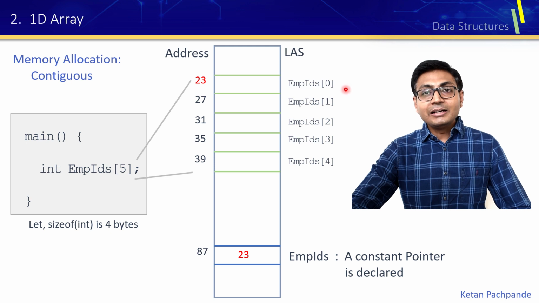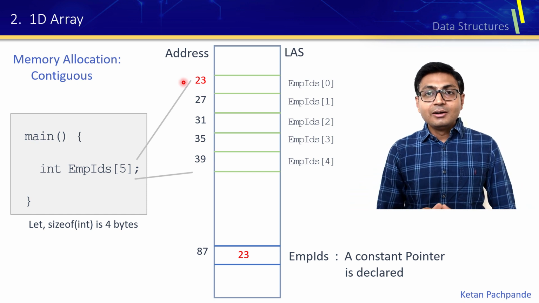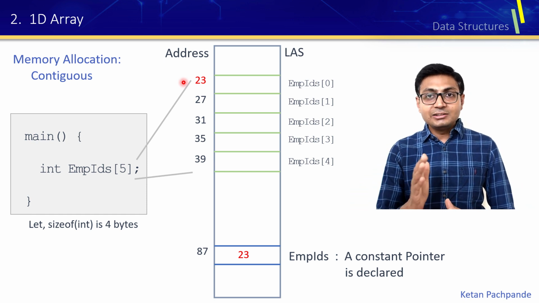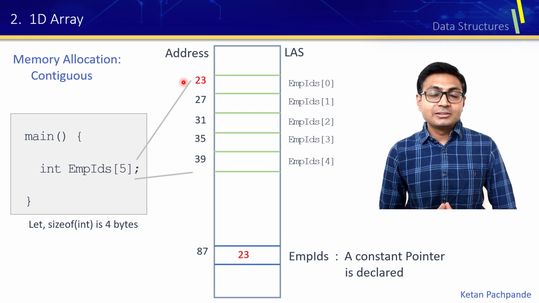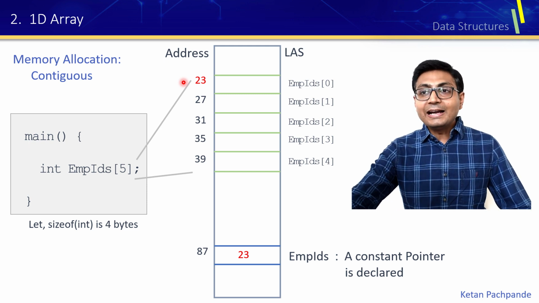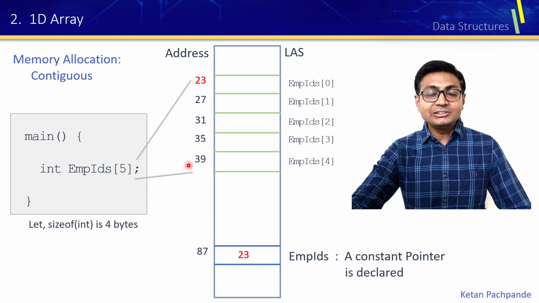Let's assume that this memory is allocated for the array starting with the address 23. So if the first element's address is 23 and element size is 4 bytes, then the address of the next element will be 27, the third element will be 31, then 35, and the last element will start with the address 39.